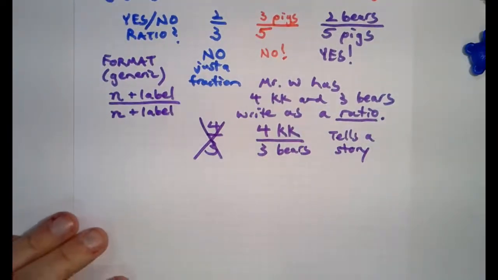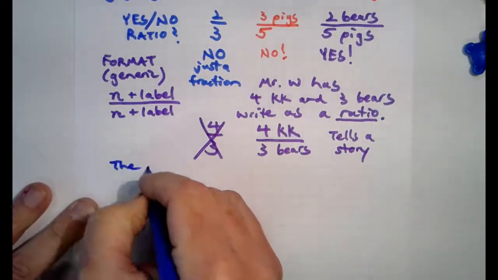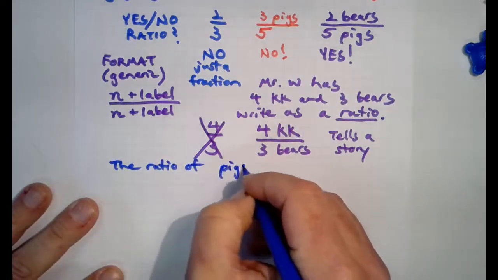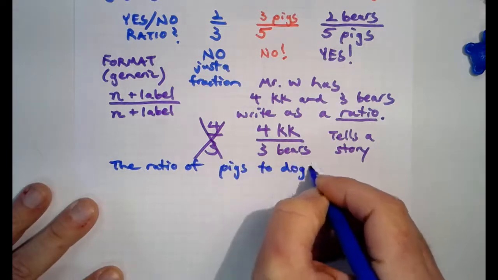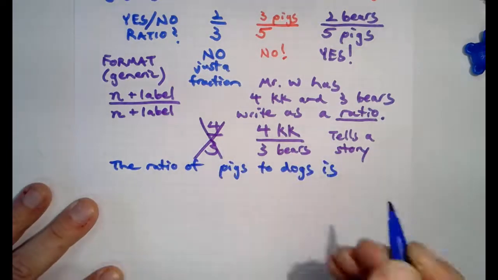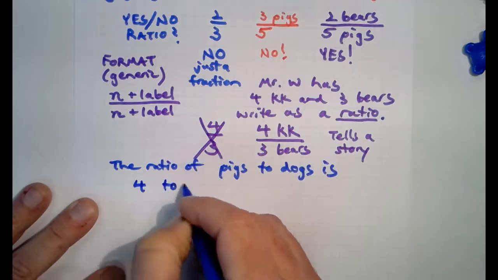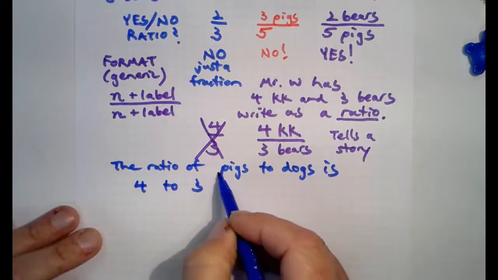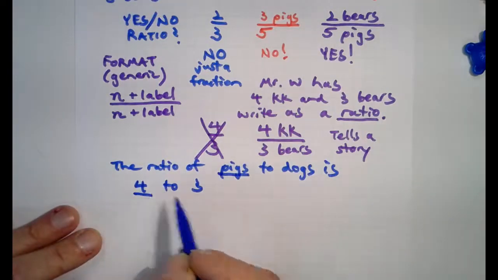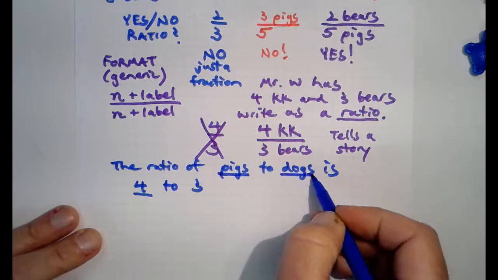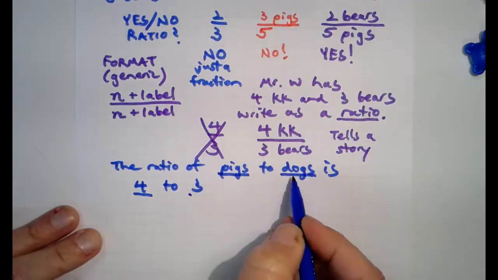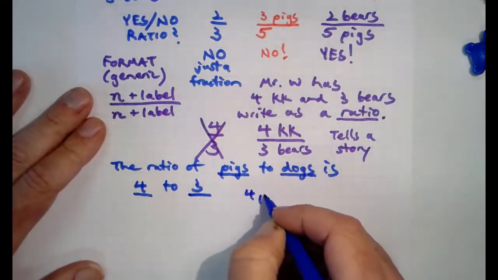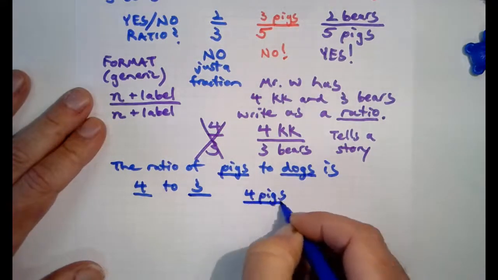For example, if we say the ratio of pigs to dogs is 4 to 3, if we don't put these in the right order, like pigs came first, 4 comes first, dogs comes second, and 3 comes second. So if we're going to write this as a ratio, it'd be 4 pigs to 3 dogs.